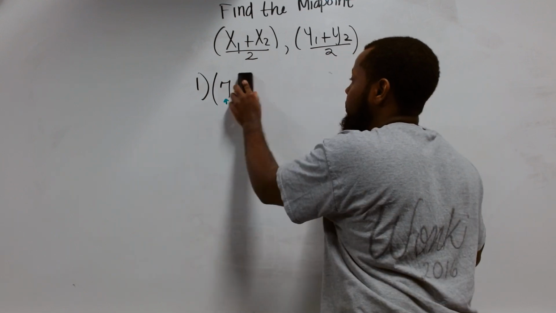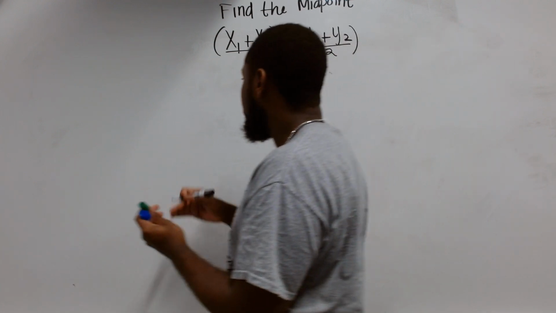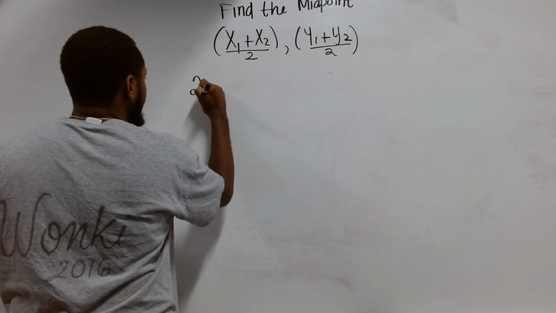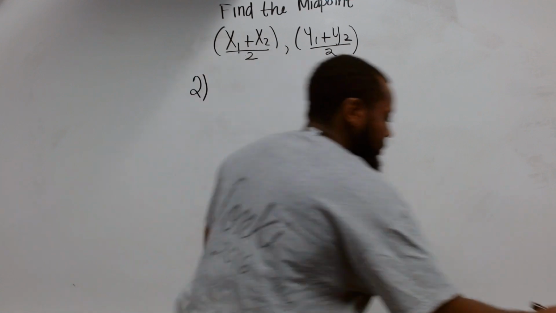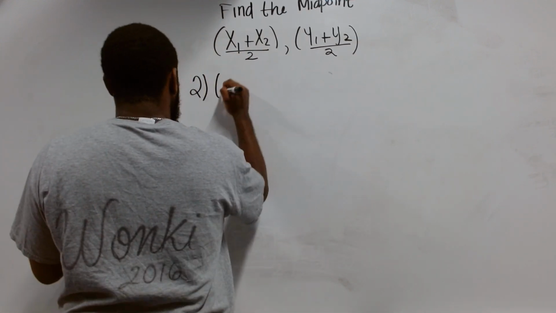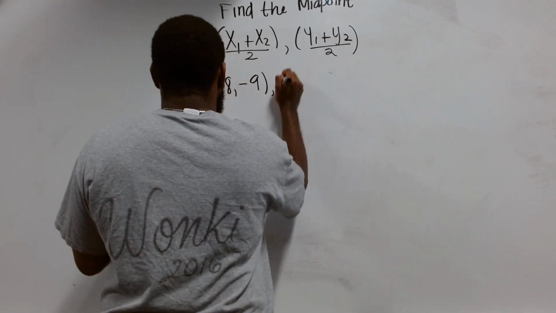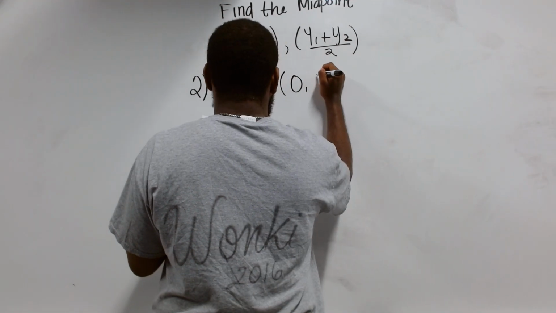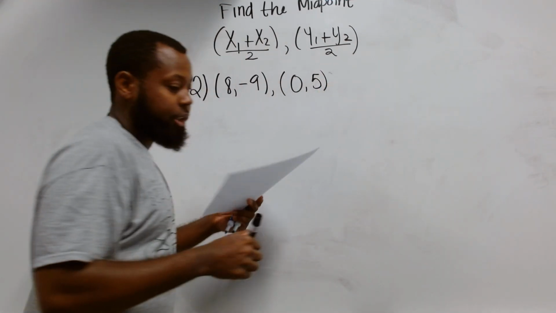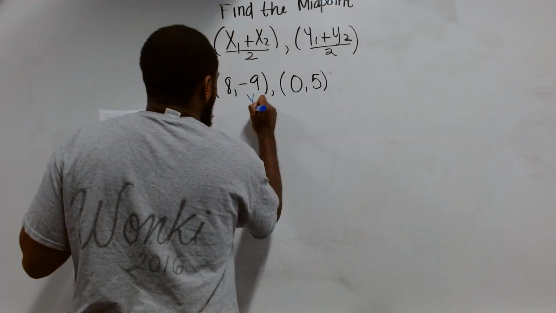Now, I understand we're virtual, so it's going to be a little hard to understand, but let's try our best. We have 8 comma negative 9, and we have 0 comma 5. I will need you to understand, this is your Y1.